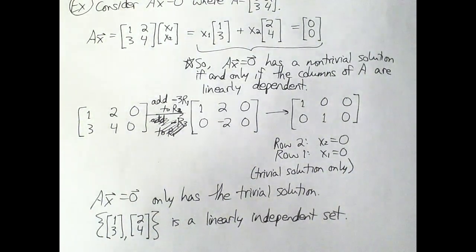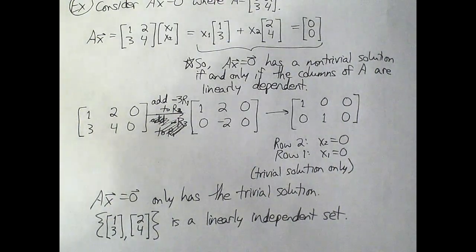Okay. Independent. So we only got the trivial solution. When we write this, it's a set of these two vectors. So I said this is a linearly independent set.